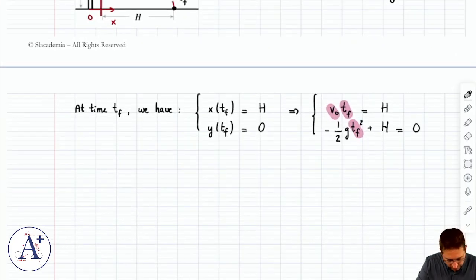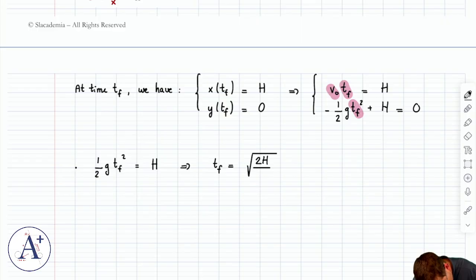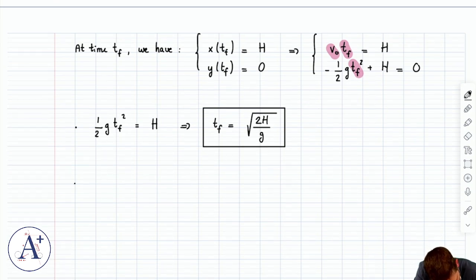Okay, so let's solve the second one first for t final. We'll say that this is the same as 1/2 g t final squared is equal to h. Okay, so then t final is going to be the square root of 2 big H over g. Right? And I don't care really what that is. I only care because if I plug it into v0 t final is equal to h, it's actually going to give me v0.